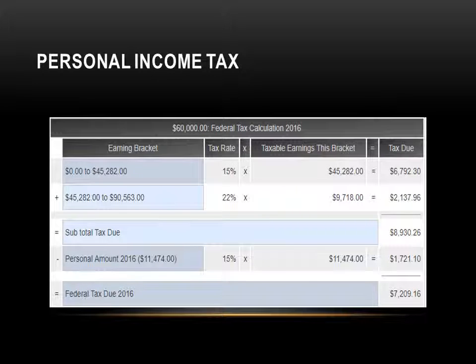The next slide is a more detailed explanation of how they computed the federal tax. The individual has a $60,000 annual income.